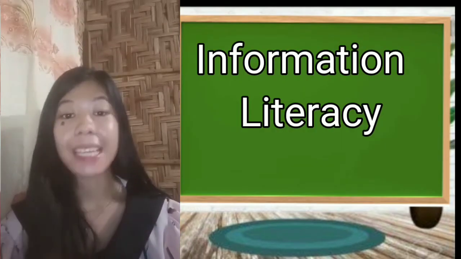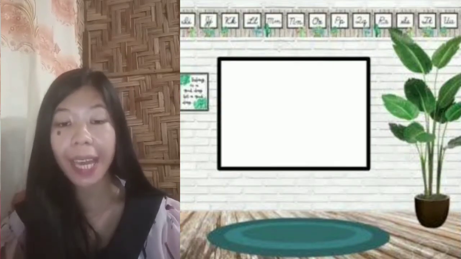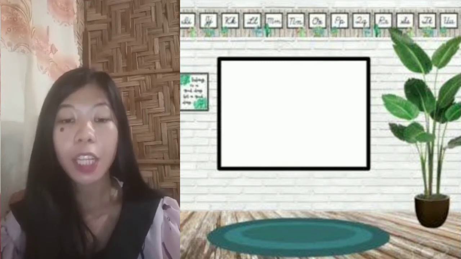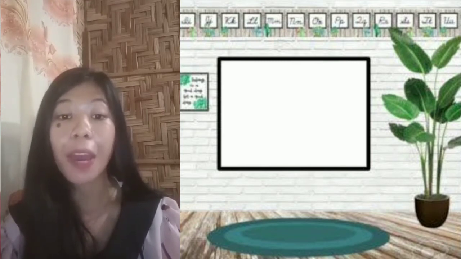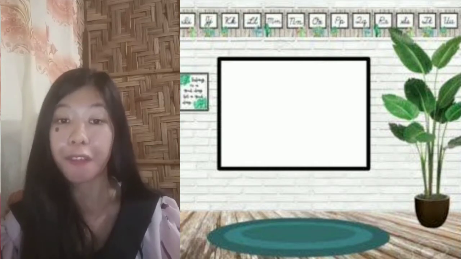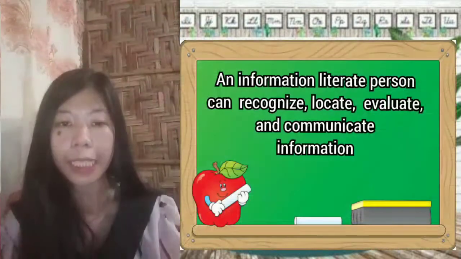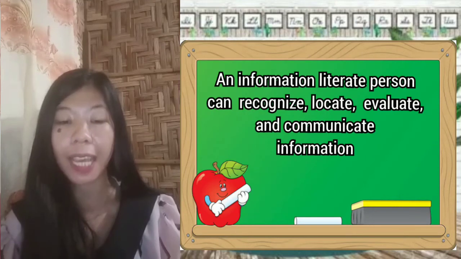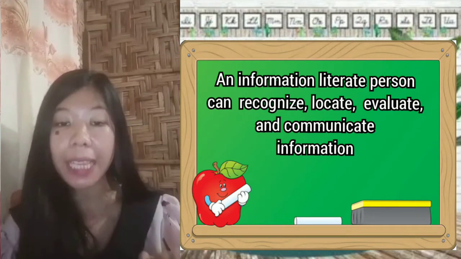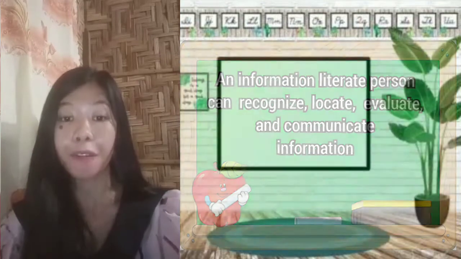Information literacy is the ability to recognize when information is needed, and to locate, evaluate, and effectively communicate information in its various formats. An information literate person can recognize, locate, evaluate, and communicate information.